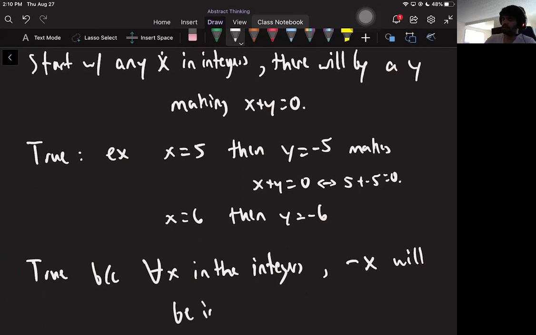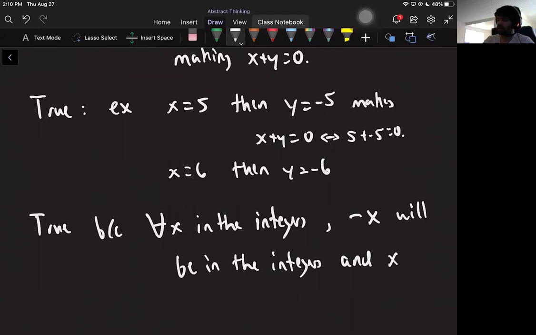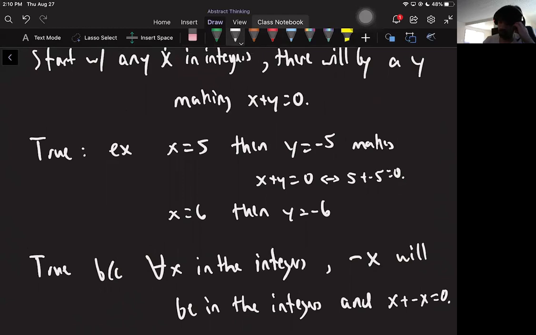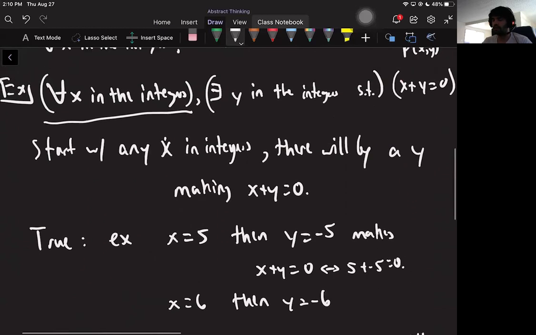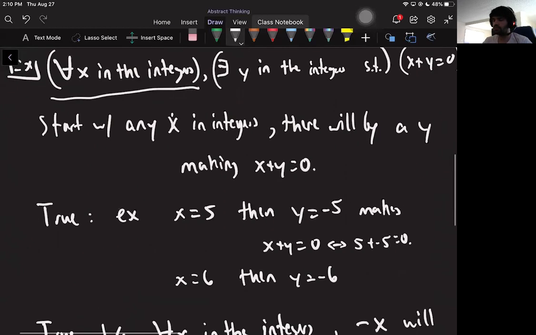And that'll always be in the integers. And so it exists in the integers. And when I add it together with x, I do get 0. So the claim, when you say for all first, is that no matter what you start with, you'll be able to find something that makes the predicate be true.